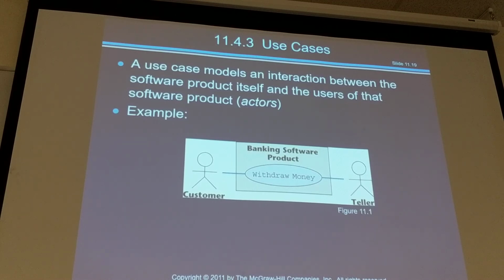They have customer and teller. This is actually a more complex way of representing a pretty complex use case, because you have the customer going to withdraw money through a teller, the customer talking to the teller, and the teller actually withdrawing the money for the customer, and so forth. If it's an automatic teller machine, it's going to be a little bit simplified.